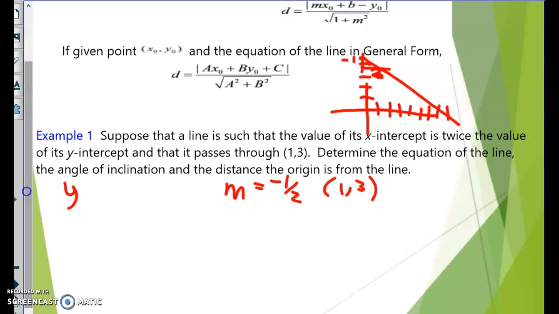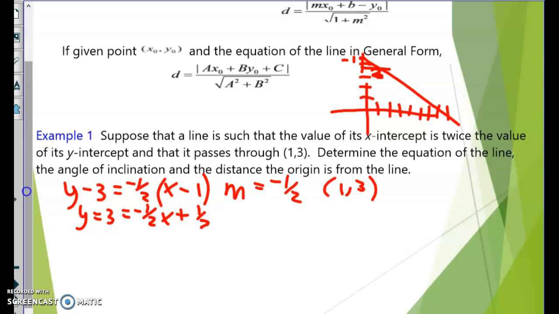So I'm going to go with y minus y1 equals m times the quantity x minus x1. Then I add 3, and I get y equals negative 1/2 x plus 7/2 as the equation of my line.